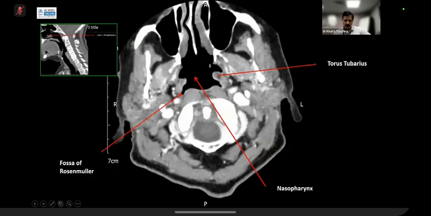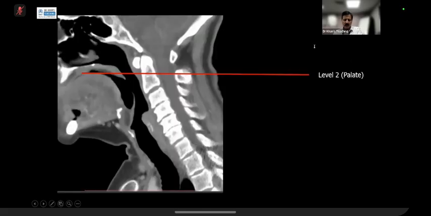So at this level, the slice is going like this. This is the nasopharynx, and this is the eustachian tube. With the eustachian tube, of course, this is the fossa of Rosenmüller here. So this is the nasopharynx. Next level.